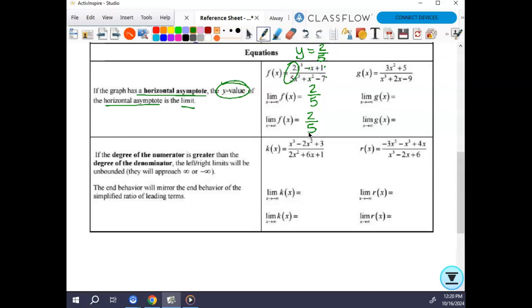When you look at g of x, top heavy, bottom heavy, or tied in degree? Bottom heavy. Okay, which means the denominator is growing at a faster rate. So let's think about a simple fraction like 1/2. And then if the denominator is growing, then it's 1/4, and 1/10, and 1/100th, and 1/1000th. So the bigger the denominator gets, the smaller the number gets, right?